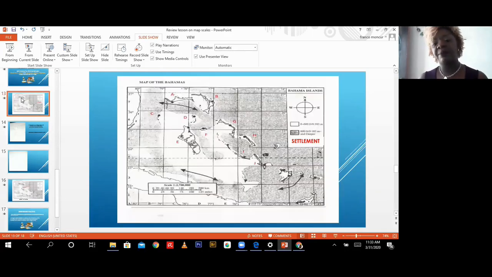Now, what will happen if we have to measure the distance between, like how we just did, Nicholstown, Andros to Nassau? What if we had to measure the distance between Nicholstown, Andros to Arthurstown, Cat Island? Or better yet, Freeport, which is in Grand Bahama, to Arthurstown in Cat Island.